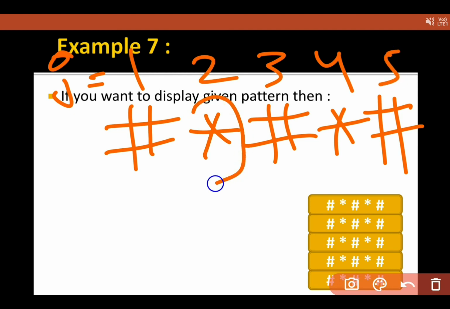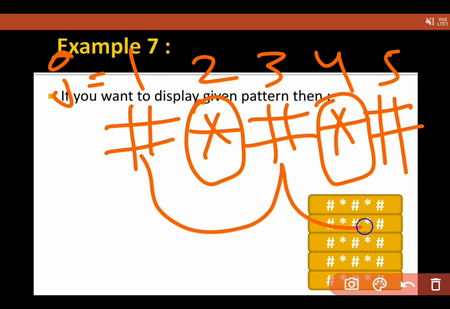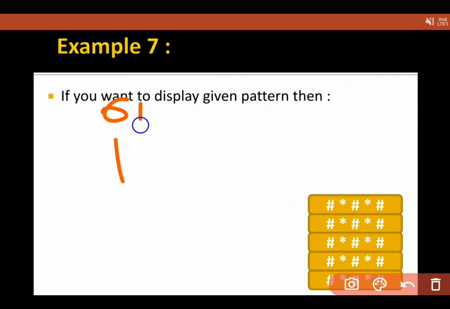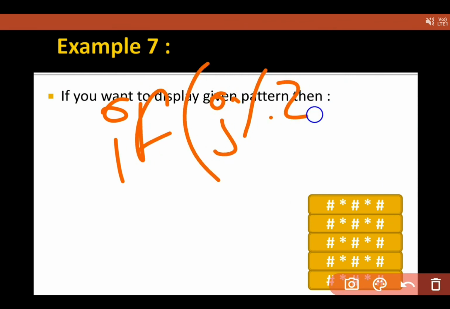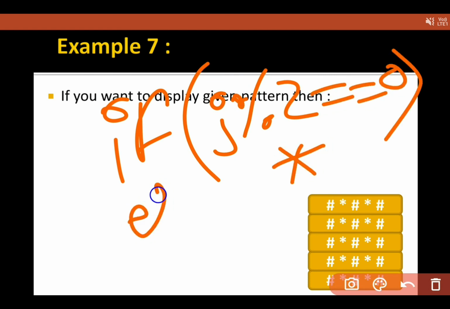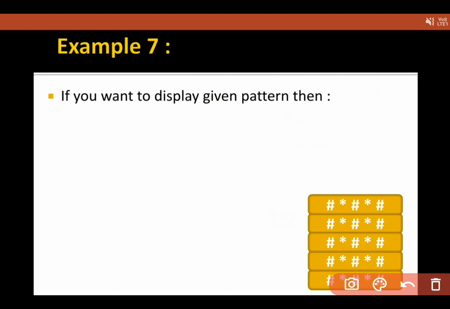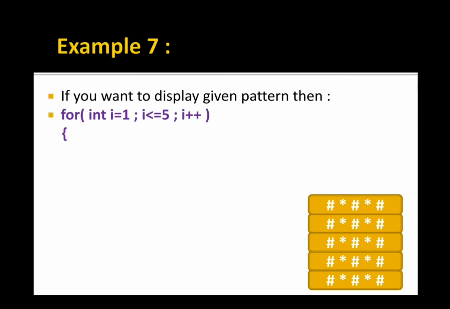See, in even positions you have an asterisk, in odd positions you have a hash. Now you have to use a condition. If j mod 2 equals 0, means j is even, then display an asterisk, otherwise display a hash. Just a simple thing you have to do. But the counting will be the same, 1 to 5, 1 to 5.